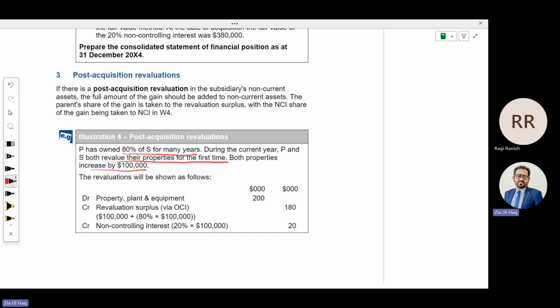Altogether, how much? 200,000. This means consolidated property, plant and equipment will be debited by 200,000. What is the revaluation surplus relating to the subsidiary? 100,000. The other 100,000 is for the parent. So for the subsidiary, the 100,000 revaluation surplus has been increased after acquisition. Out of this, 80% will be charged to the parent company and 20% will be charged to non-controlling interest.